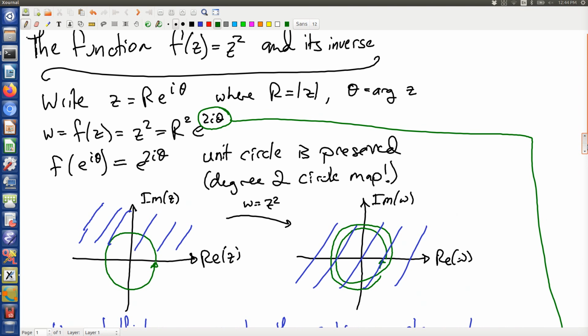Now, every point that is within the unit circle, in here, on the upper half plane, where does that end up going? Well, each one of those has a magnitude of less than 1. When I square it, it still has a magnitude of less than 1. So it ends up in here. Everyone outside stays outside.